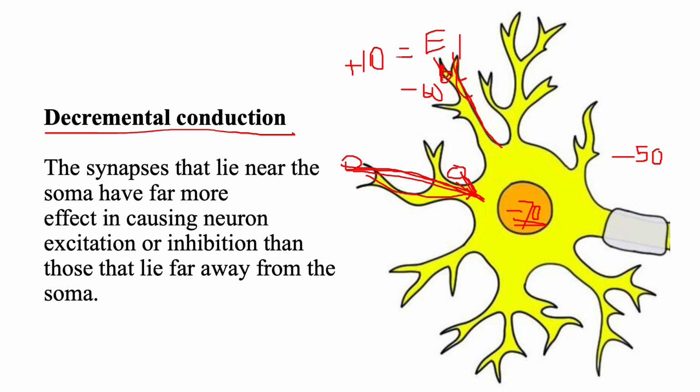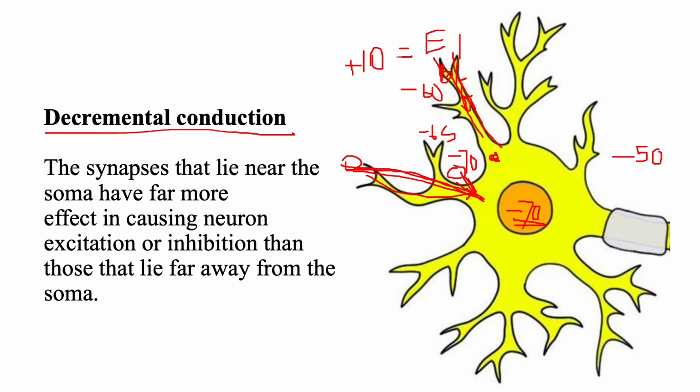But that doesn't mean that the membrane potential here in the soma will be minus 60. It's very unlikely, because here there is minus 60, then leakage of potassium will cause it to be, let's say, minus 65, then again minus 70. So the conduction is decremental.